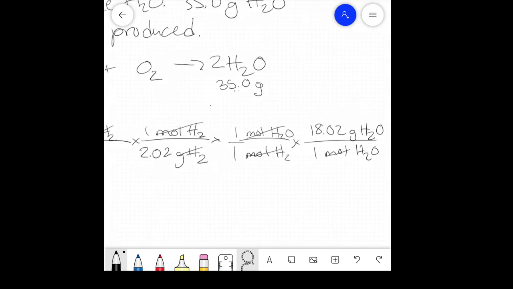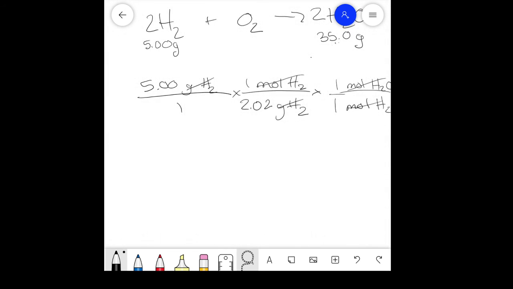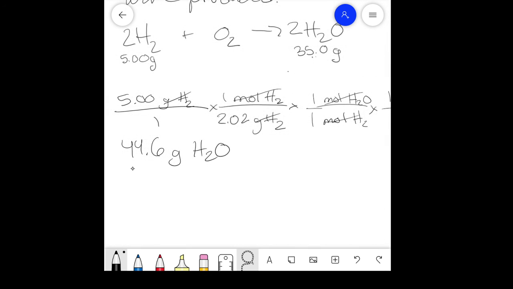We are left with grams, and that gives us, I'm going to write that down here, 44.6 grams of water. This is our theoretical yield. The equation goes perfectly, everything's great. This is how much you should have produced.